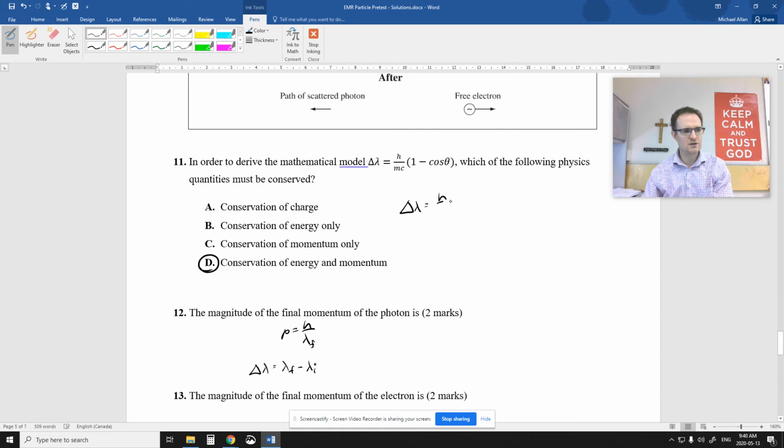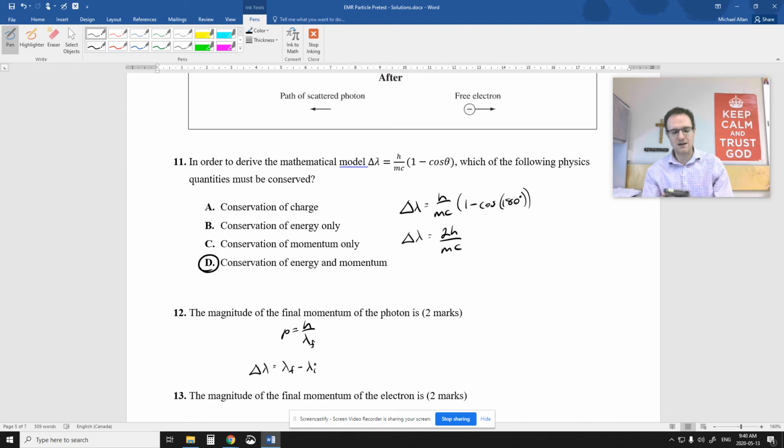So h over mc times 1 minus cos 180. Remember, cos 180 is -1, so this is technically going to end up just being 2h over mc, because it's 1 minus -1. So 2 times h over mc. Now, this number we calculated before in our notes, because it doesn't really change.